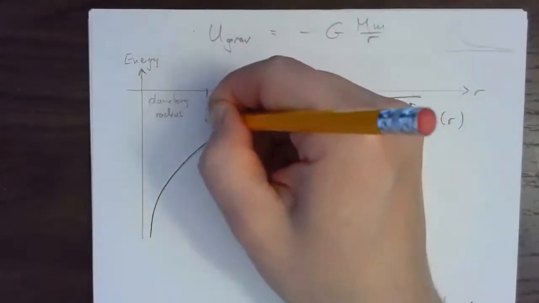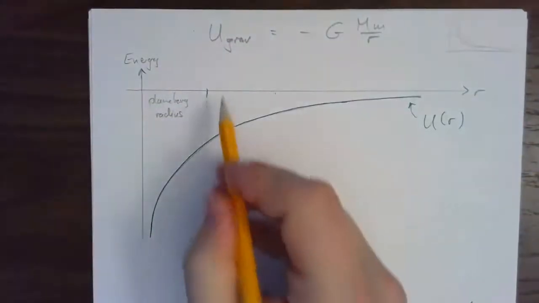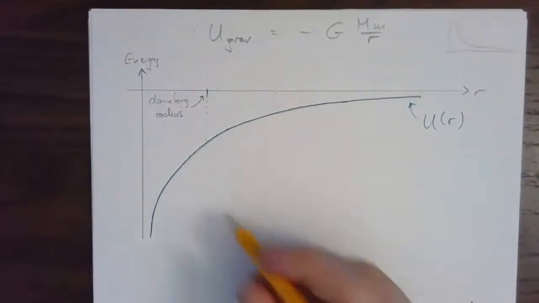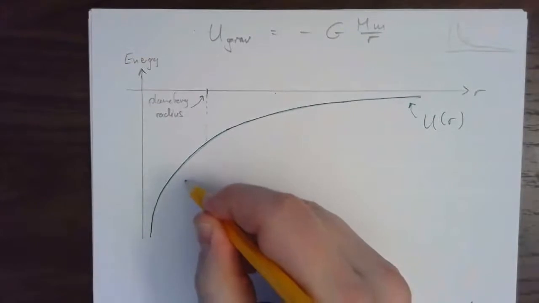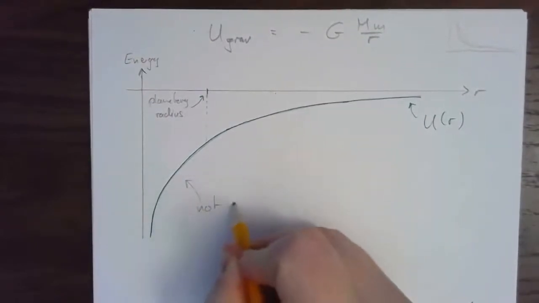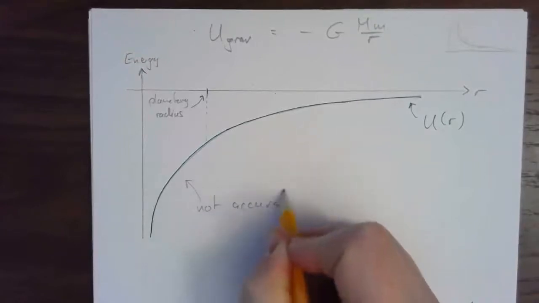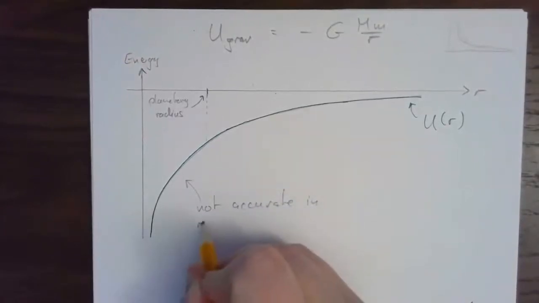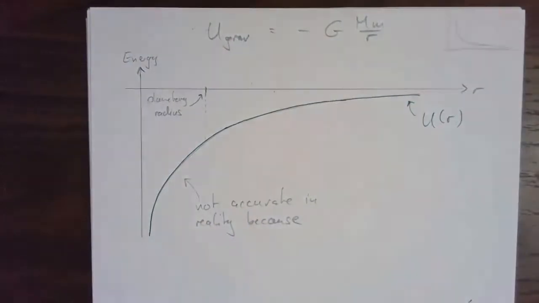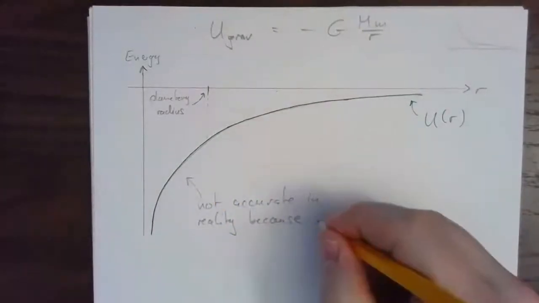Well, that means really this part here doesn't really exist. So this is not accurate, in reality, because it's inside the planet.